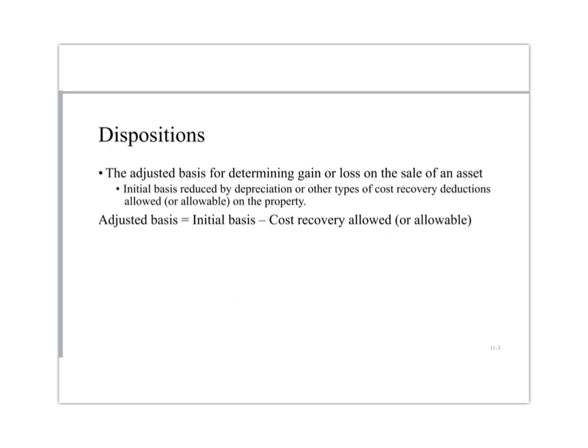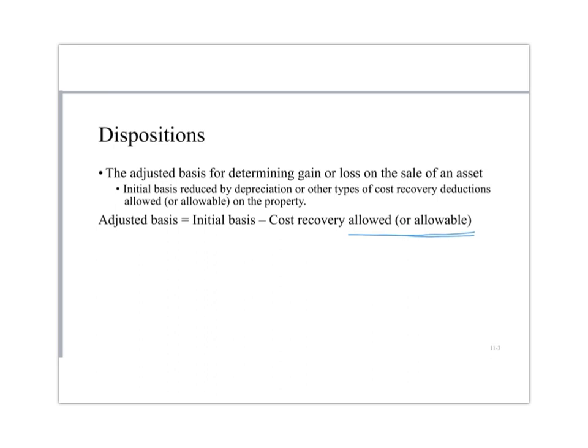Also, adjusted basis. Adjusted basis for tax purposes is very similar definitionally, if that's a word, to adjusted basis for financial accounting purposes, even though the actual amounts might not be the same. Now, this is an interesting portion of the definition: the cost recovery allowed or allowable.